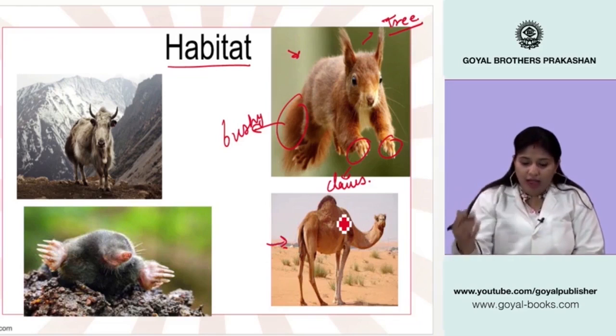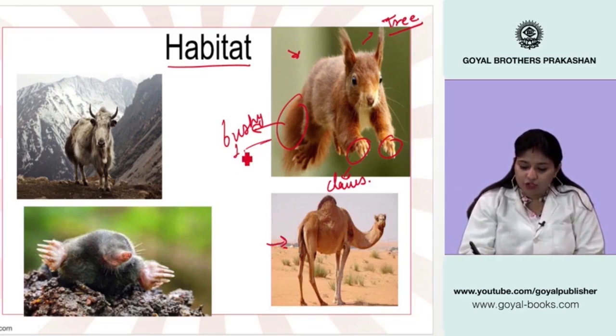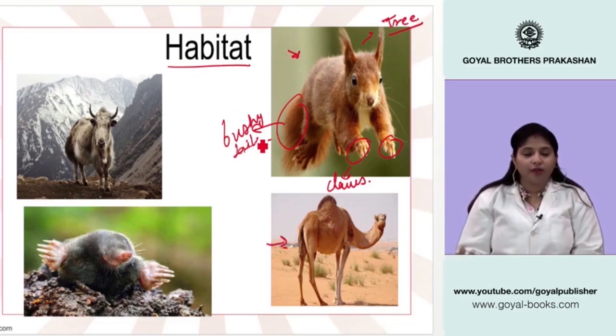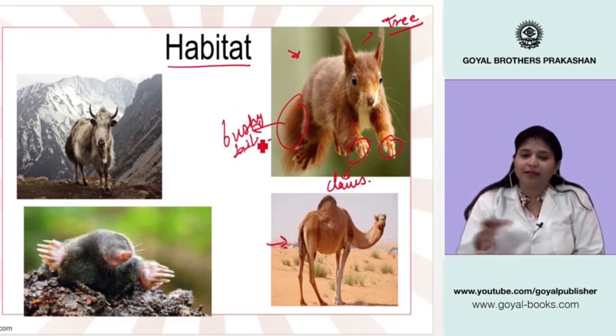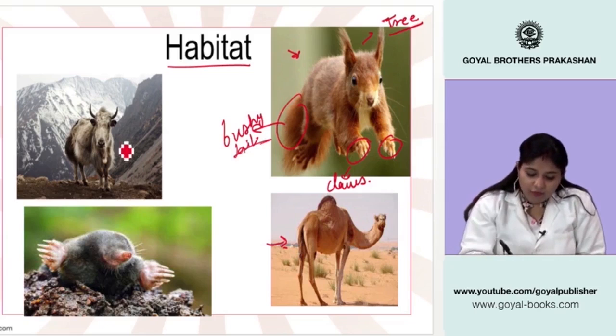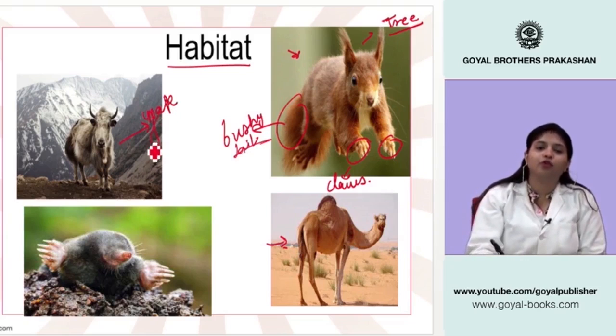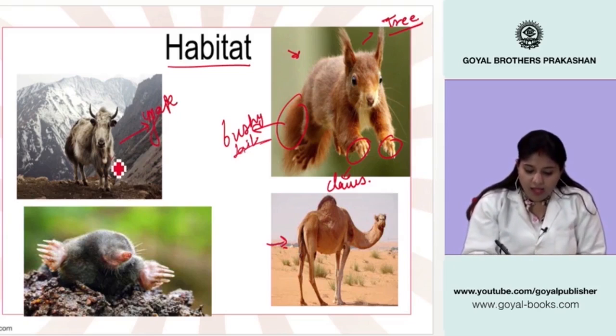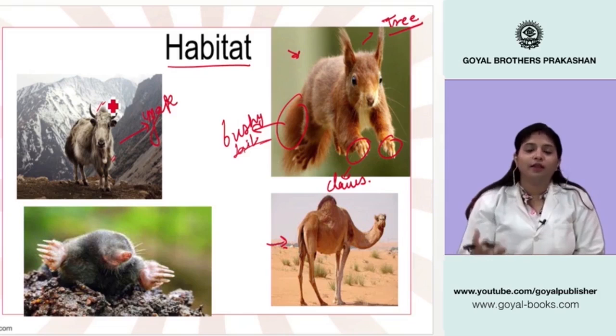Because of that, to maintain balance they have a bushy tail, right? Because their survival is on the tree, they have adapted themselves according to survival in the tree. Then if you see the yak, again this animal has adapted itself for living in the cold environment. You can see how furry it is, because these furs save it from the cold.